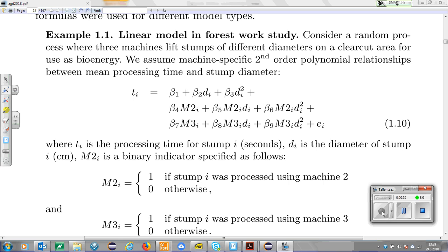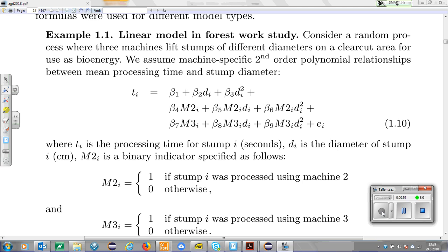So we assume that there is a machine working in a clear-cut area where trees have been cut, and we want to lift stumps of trees that have been cut to be used for bioenergy.